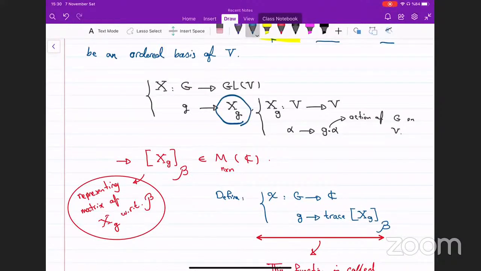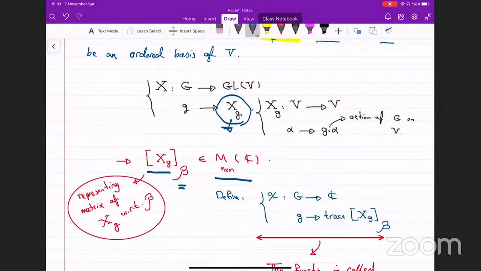So I can consider the representing matrix of this linear operator with respect to a basis beta of this vector space. I choose it arbitrarily and fix it. Of course, this is a matrix whose entries are inside the field of complex numbers.